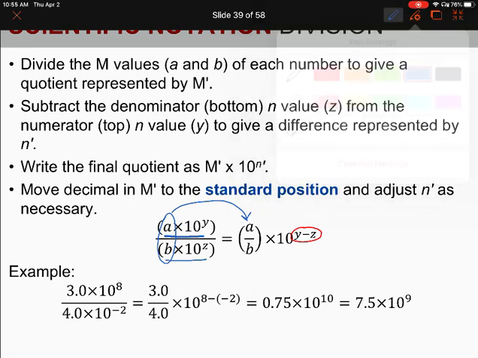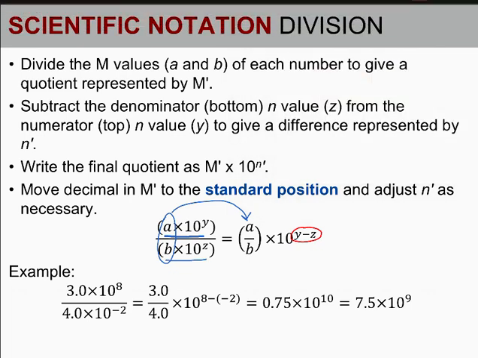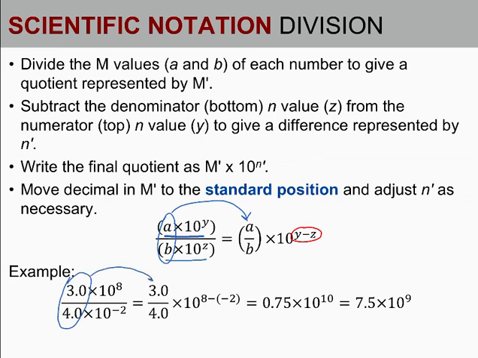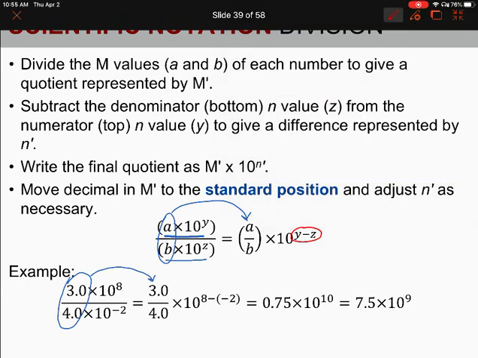So as an example, let's look at the same numbers from before, but this time we're dividing them. We have 3 times 10 to the 8th divided by 4 times 10 to the negative 2. So we're going to divide 3 by 4, and then we're going to multiply that by our power of 10, where we're subtracting negative 2 from 8. Remember, if you're subtracting a negative, that actually becomes an addition problem, so this would become 8 plus 2.